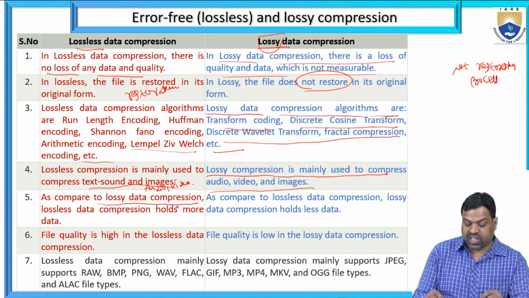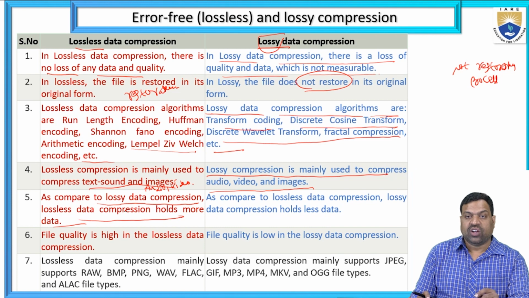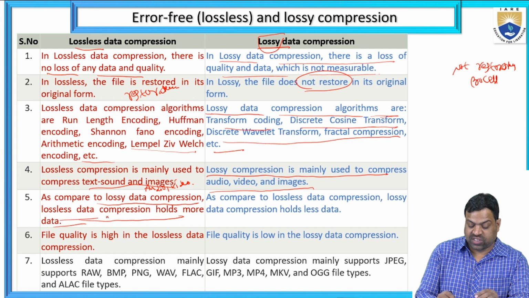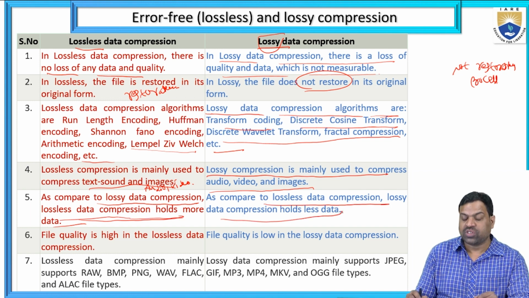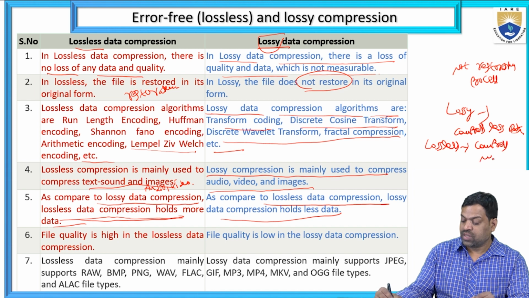Comparing lossy and lossless, lossy data compression compresses more data, and lossless data compression holds less data.